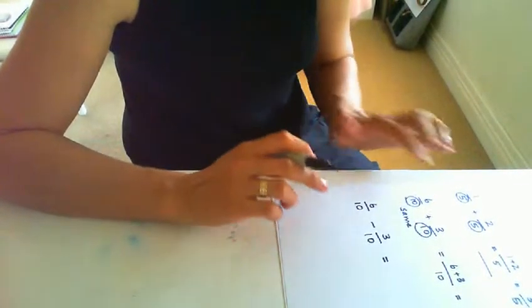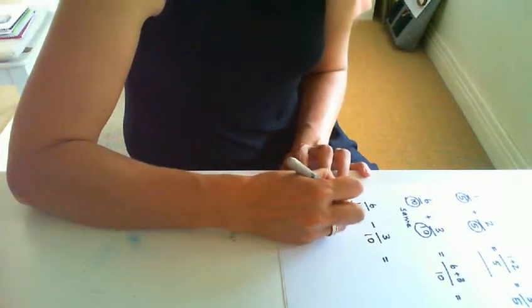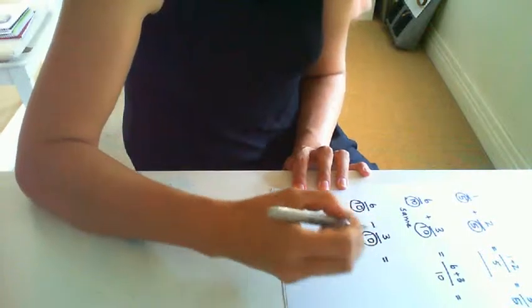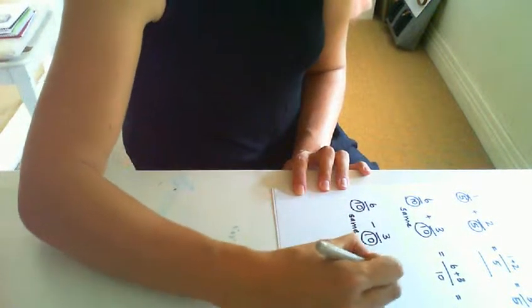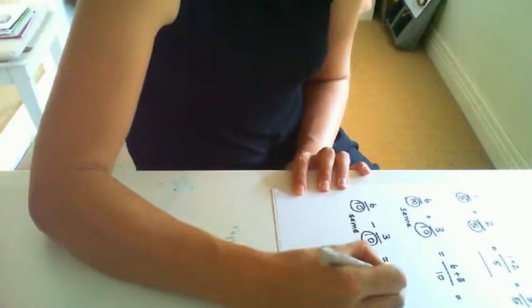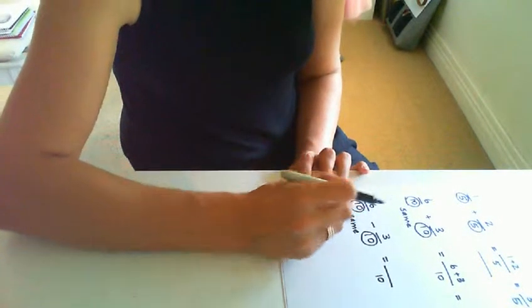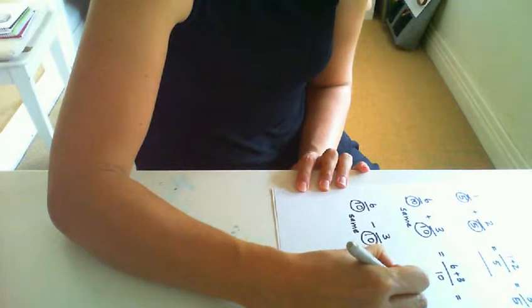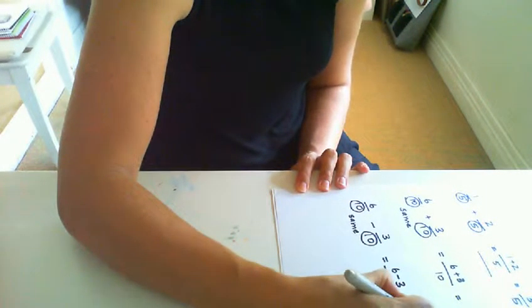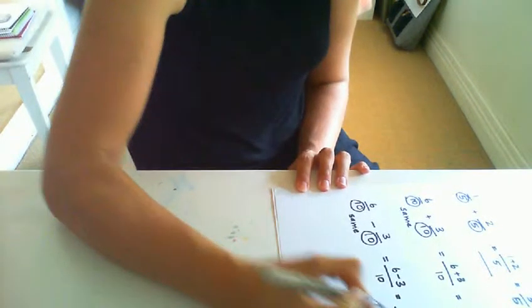So again, regardless of addition or subtraction, the denominator is tenths. It is the same. The denominator in our answer is the same. 6 less 3 is 3/10.